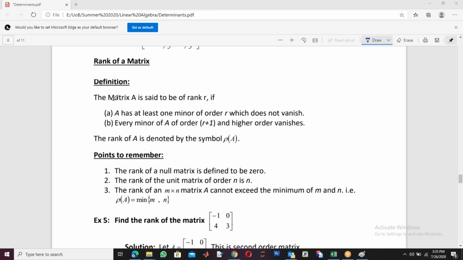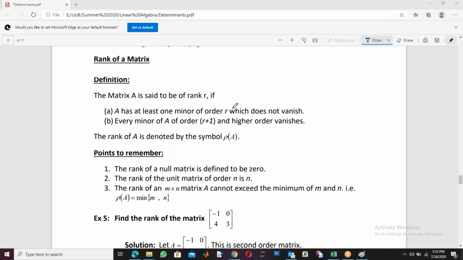A matrix A is said to be of rank R if at least one minor of order R does not vanish, means its determinant is not zero. And if you take any bigger matrices, they have zero determinant.